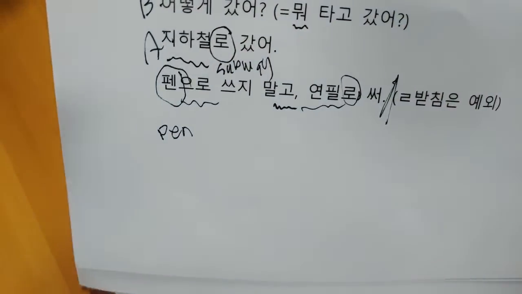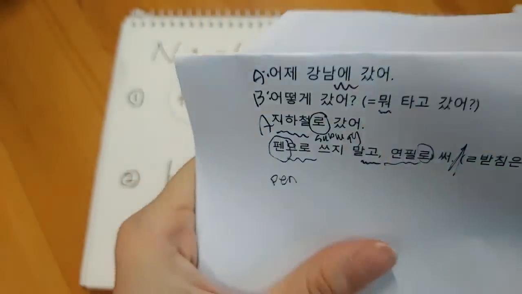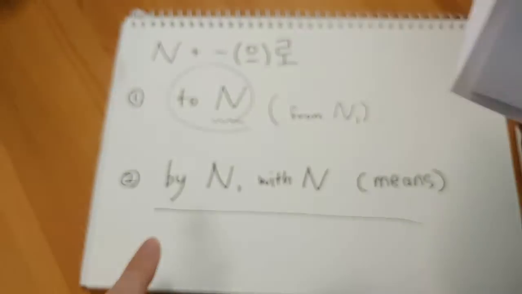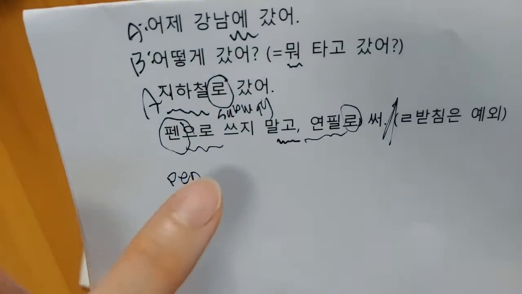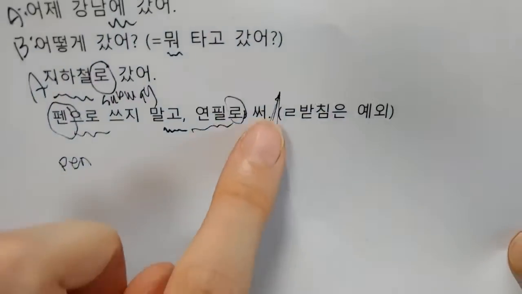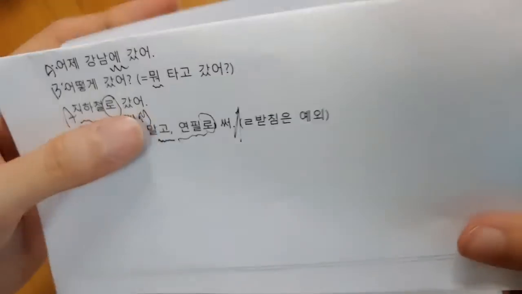So this whole sentence isn't really important. It's okay if you don't fully get the whole sentence, but the focus is on the particle 로. It is used to mean the means of something. So 펜으로 means using pen, with pen, and 연필로 means using the pencil, with pencil. I hope this makes sense.